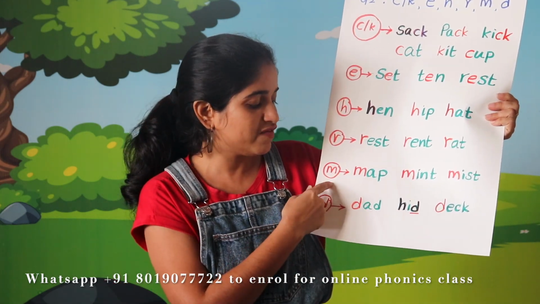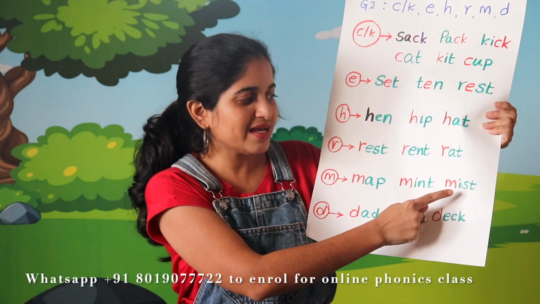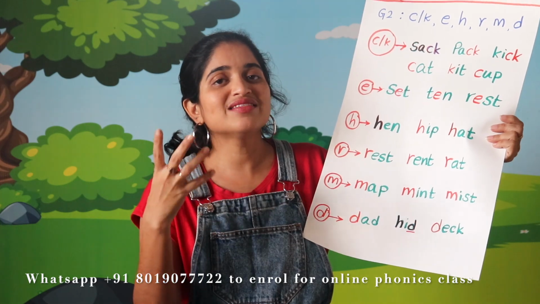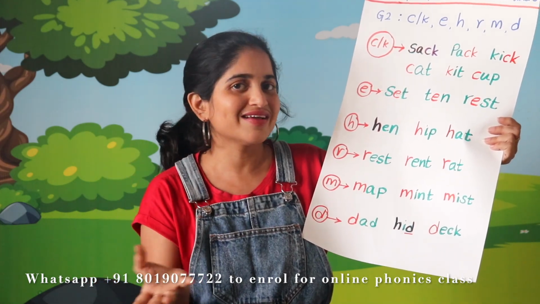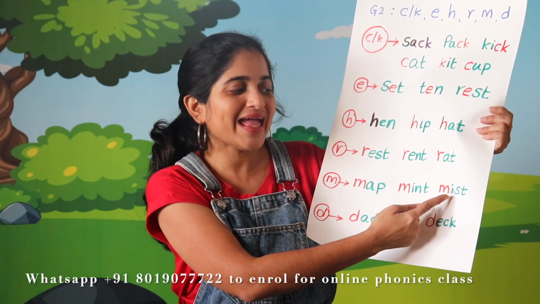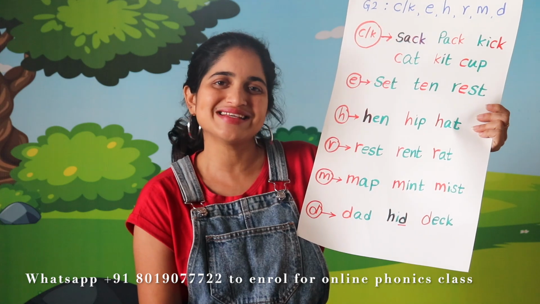For example, if you have learnt the sound as ma, then what will you read here? Ma, ista? That's wrong. So you have to produce the sounds correctly, which will end up in the right word. Just like ist. Yes children, that forms the word mist.